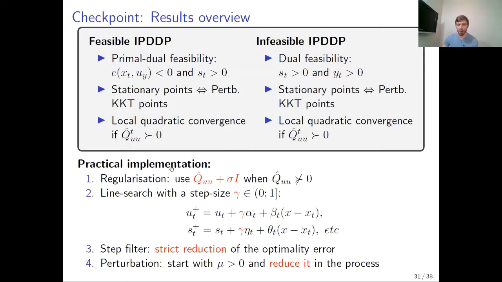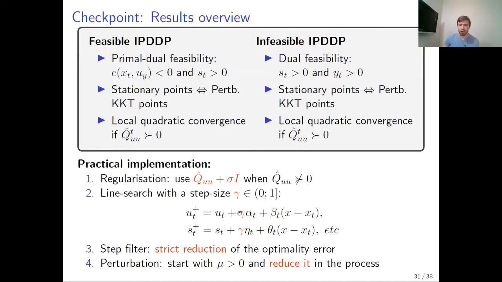So in the practical implementation, where global convergence is important, we have to apply regularization, which is QUU hat plus sigma I, where sigma is a positive scalar, I is identity matrix, or any other positive definite matrix. We have to apply line search with a step size.